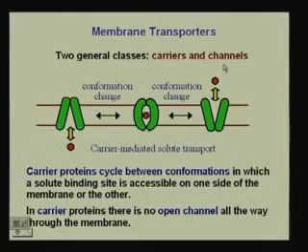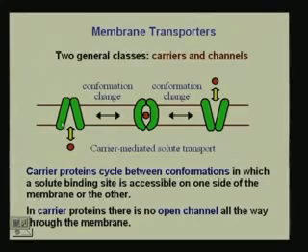Okay? Now, what carriers do is, in carrier mediated solute transport, because of the lipid bilayer, it is unlikely that this specific solute will be allowed to go from one side of the membrane to the other solely because of the lipid hydrophobic tails that are present here.